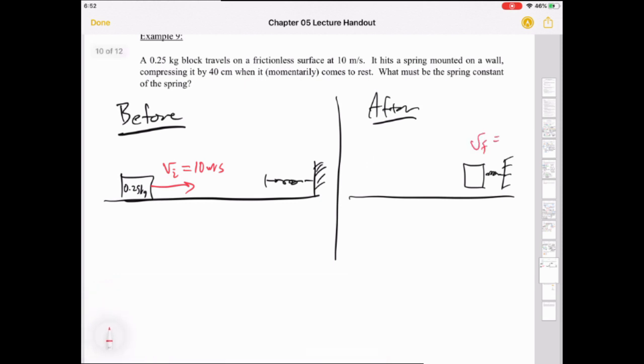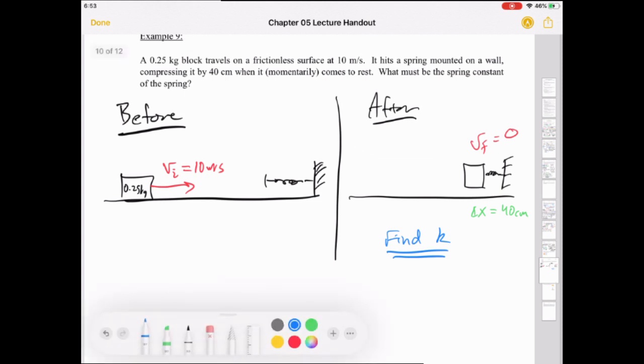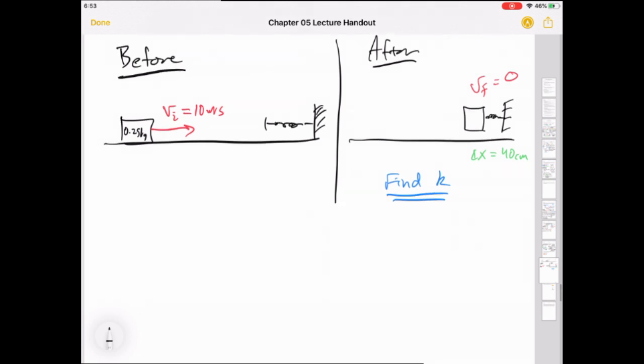So v final here is 0. And my delta x, my compression here, is 40 centimeters. And again, what we're looking for is the spring constant. Okay, so we're going to use conservation of mechanical energy here. And again, the reason we can use conservation of mechanical energy is because we're excluding friction. So we'll say E initial equals E final.